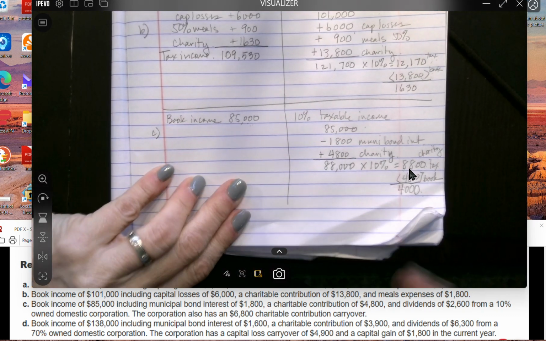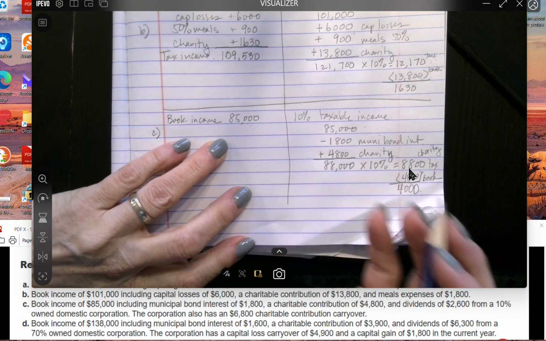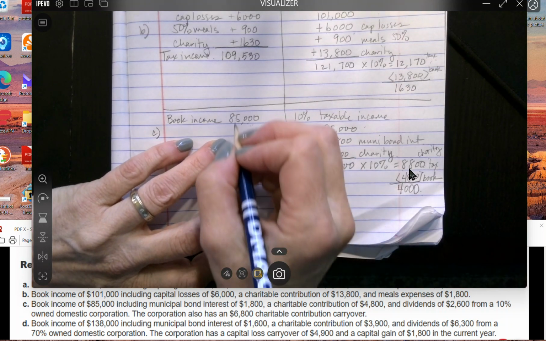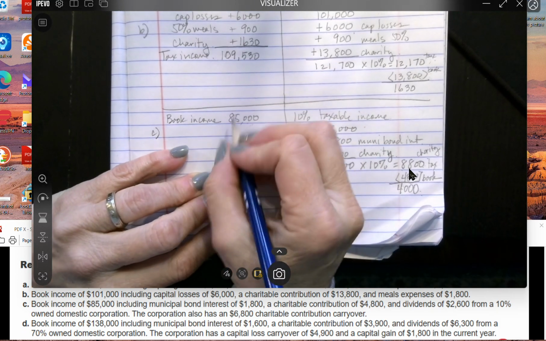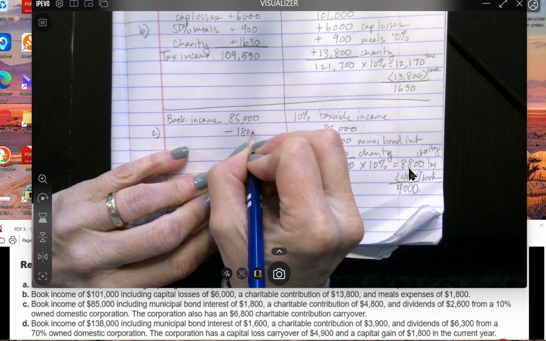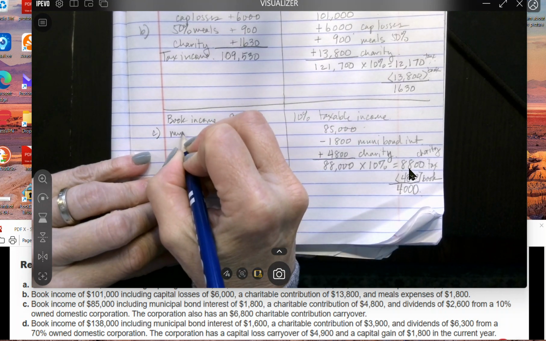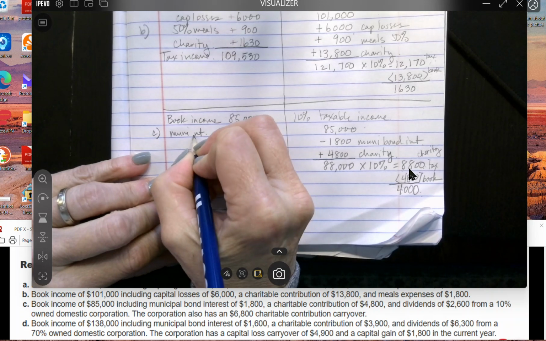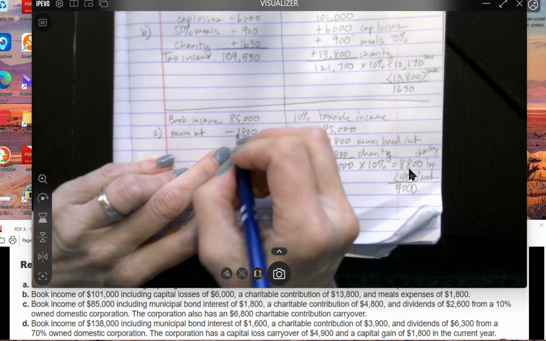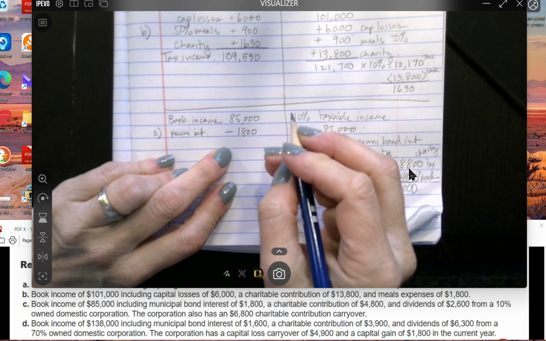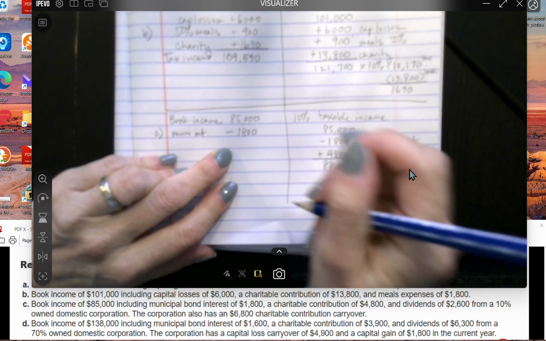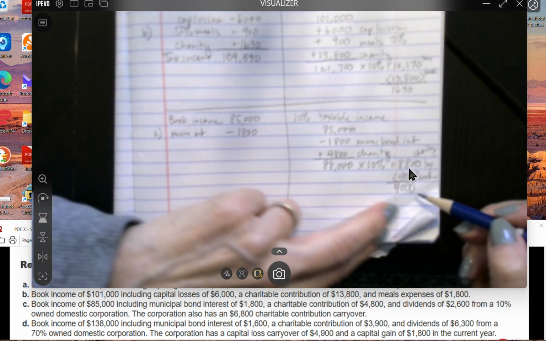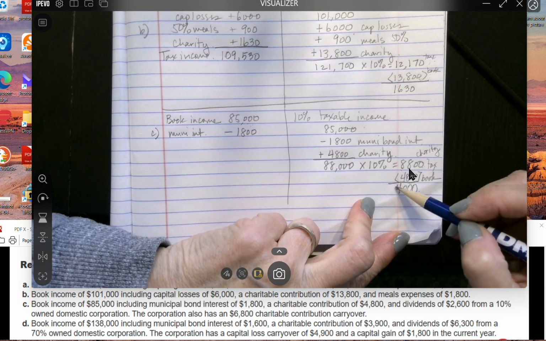So let's go over here then, and we're going to do the rest of the math. So we're going to take the $85,000 minus the $1,800 muni interest. All right, and we're going to then subtract the charitable contribution adjustment. This is actually going to be a negative here.